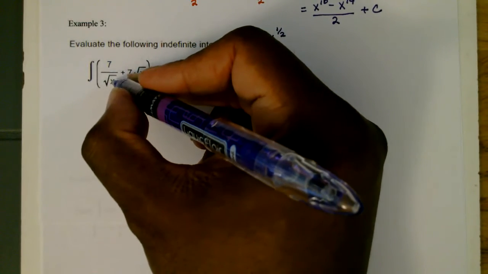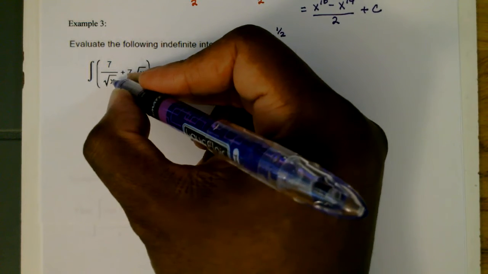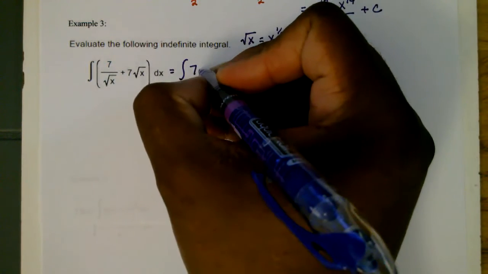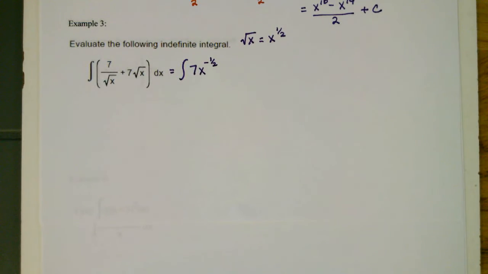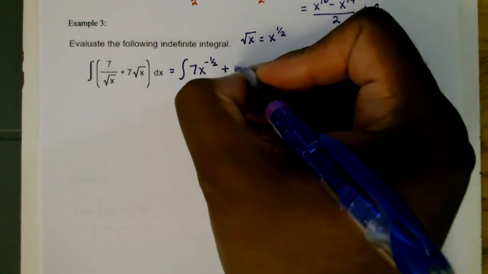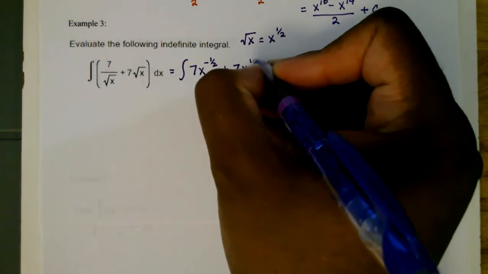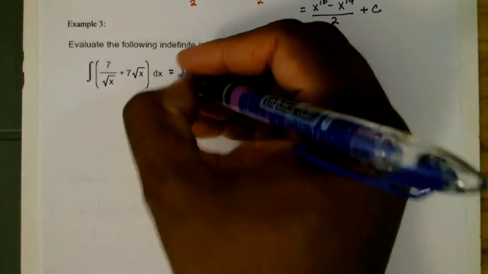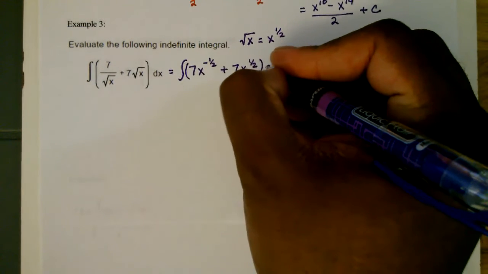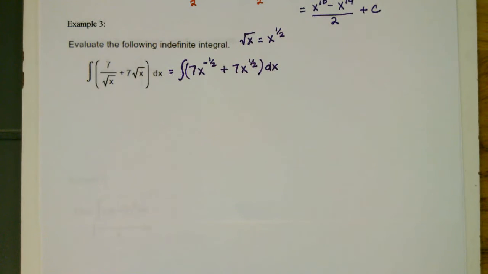Now, the square root of x is x to the 1/2, but since it's in the denominator, if I take that out of the denominator, it will be x to the negative 1/2 power plus 7x to the 1/2 power. And I need to put this in parentheses and include dx.